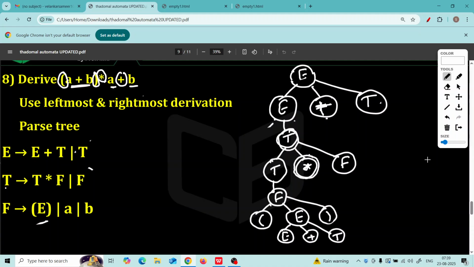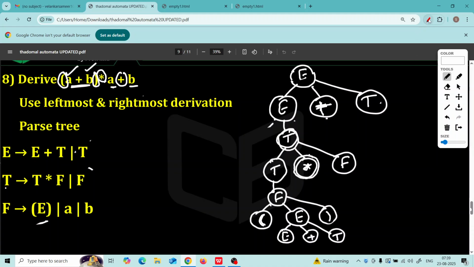And now somehow this E should give us this A, and this T should give us this B, because we are in the brackets now. In the brackets. Okay? So the tree will continue from here. I guess you are understanding. The tree will continue from here.